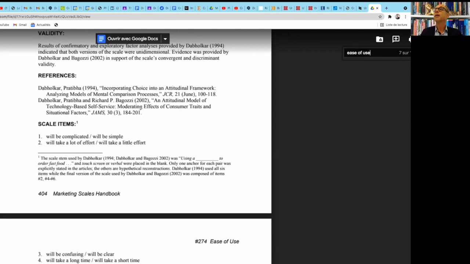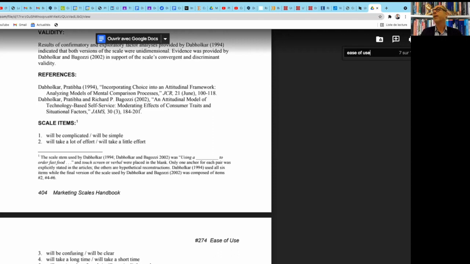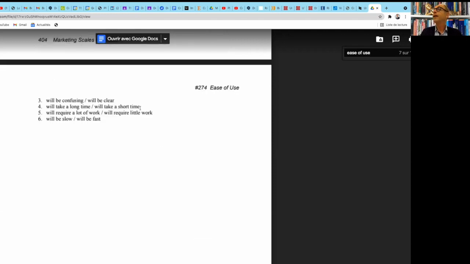So when starting to search for scales, I would recommend there's this book where you can find most of the concepts. This is a handbook of marketing scales, but there's another way you can find the scales, and this is what I will show you now, because these scales are coming from the articles.